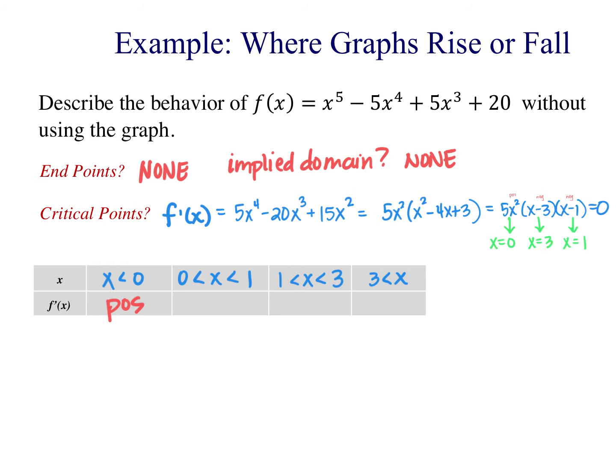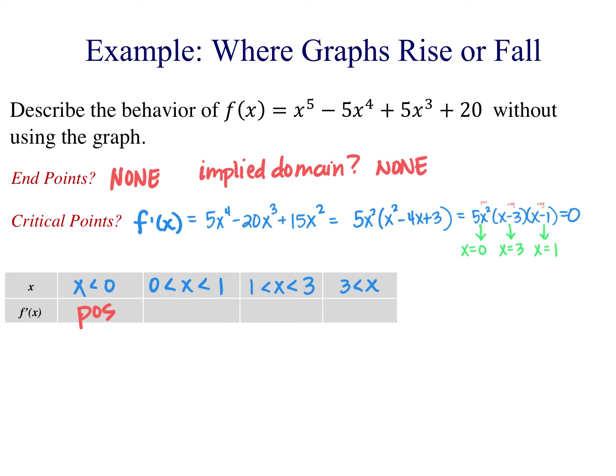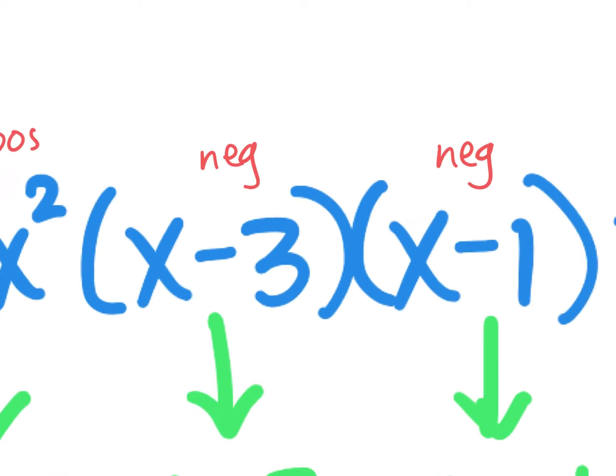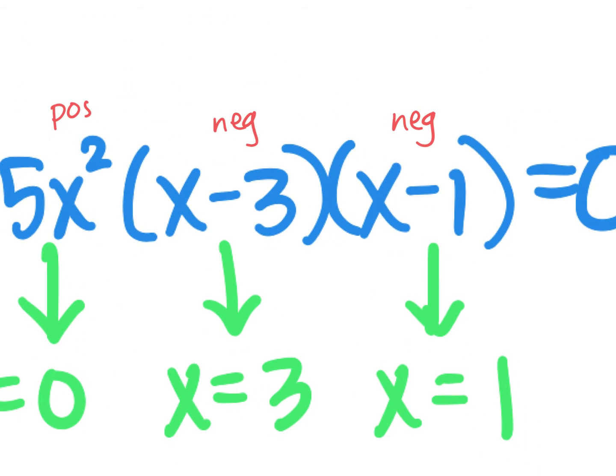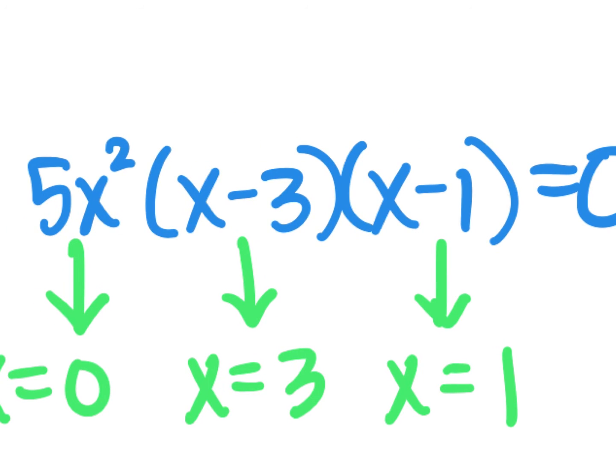Okay, Christine, pick me your favorite number between 0 and 1. She's picking a half. All right, let's do the same thing. So could you please plug a half into the same 3 places that Kira did? All right, when you plug a half into 5x squared, what do you get? A positive number.